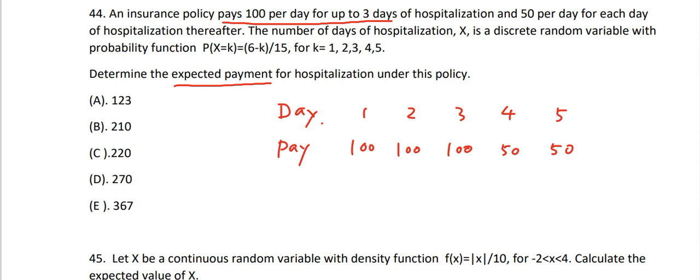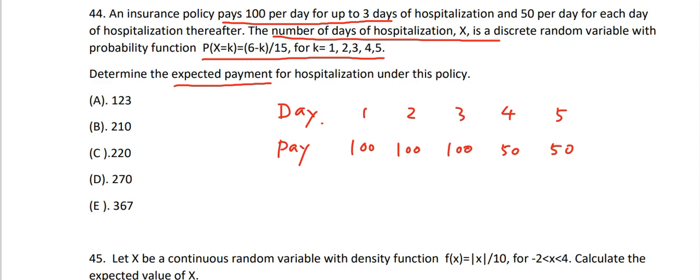So pay how many days? Let's say the number of days follows this distribution. We have this probability. So these days can be 1 day, 2 days, 3 days, 4 days, 5 days. Now let's find payment.